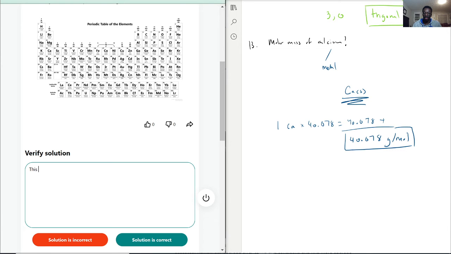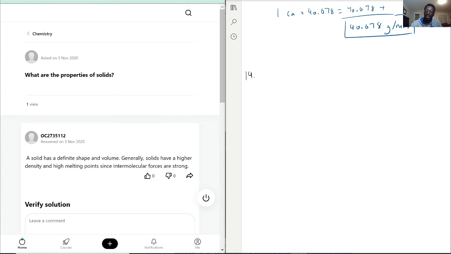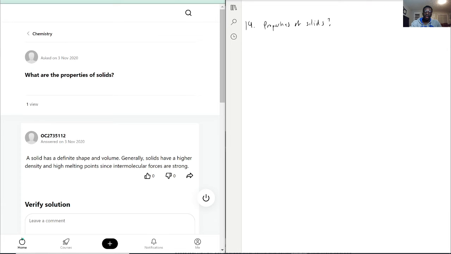So now let's move on to question number 14. What are the properties of solids? As you can see here, they actually touch on a very important thing, which is that between solid, liquid, and gas, solids have the strongest intermolecular forces.